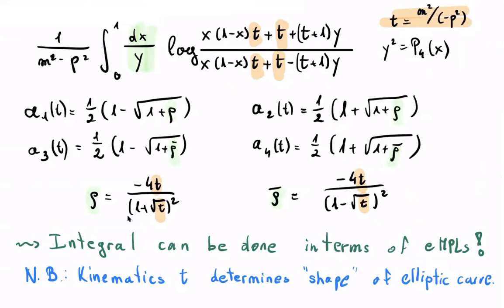Now, that means that if I change the kinematics, I change m or change p, I will change t, I will change O, so I will change the branch points. So I guess you can see that if I change the branch points, I will change the shape of the torus. Okay? So the shape of the curve. If I move the zeros of the polynomial, I get a different curve.